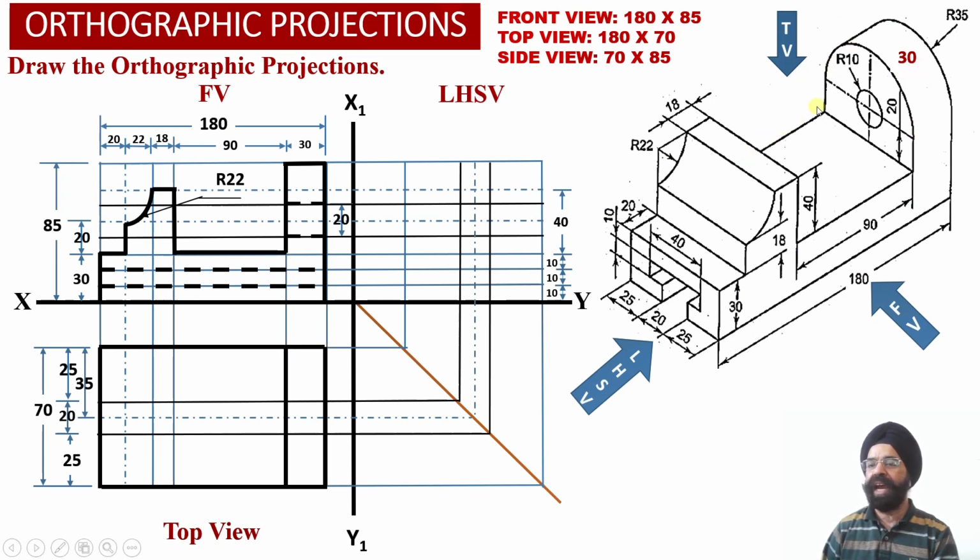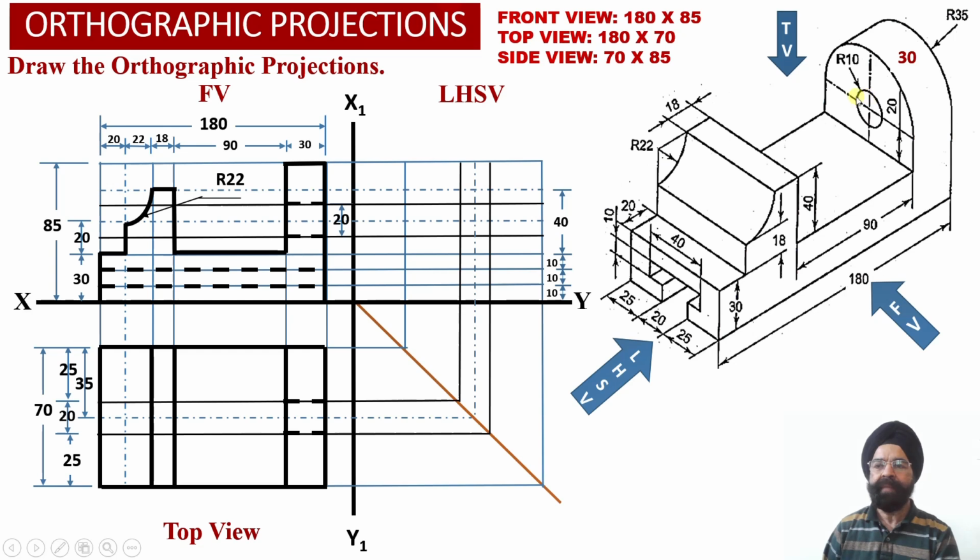Next we observe that this top surface of the horizontal web, that is element number 1, happens to be parallel to the horizontal plane. So this surface measuring 90 millimeter by 70 millimeter will be projected as true shape projections into the top view projections over here.